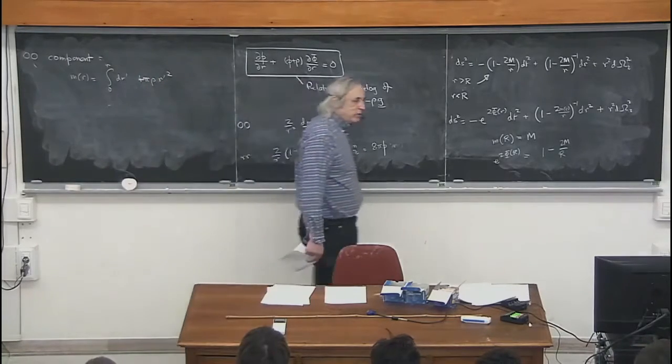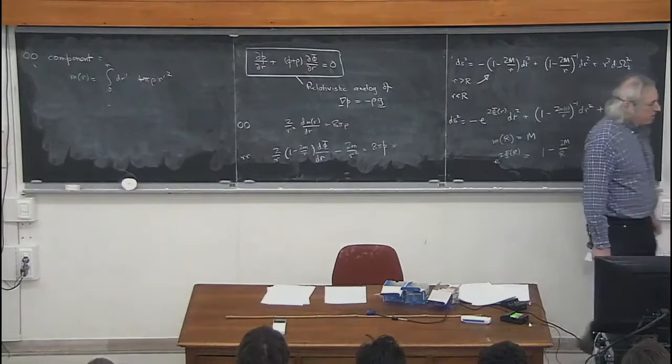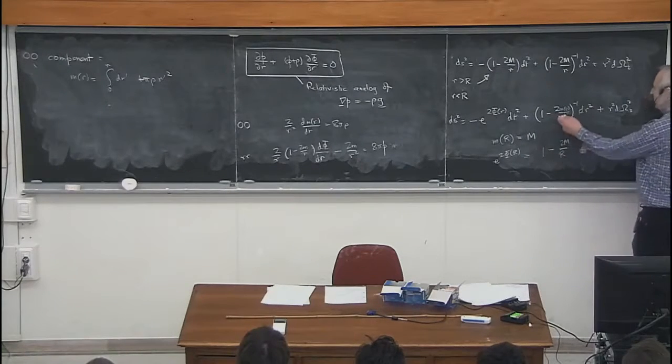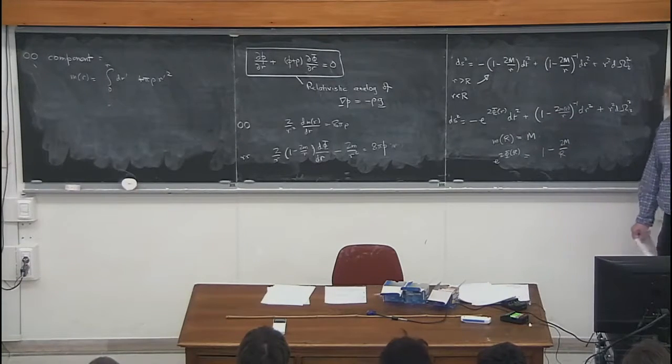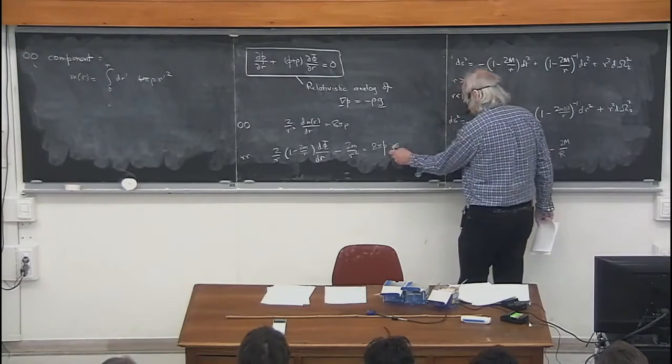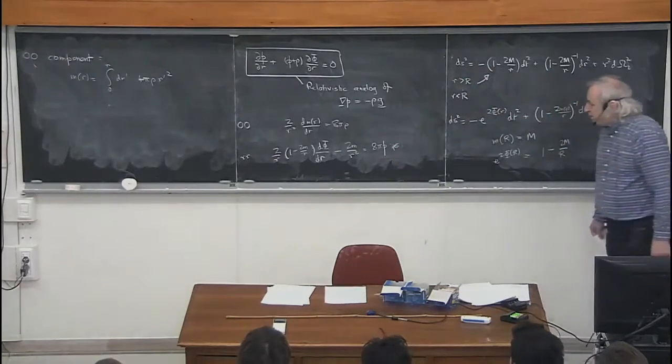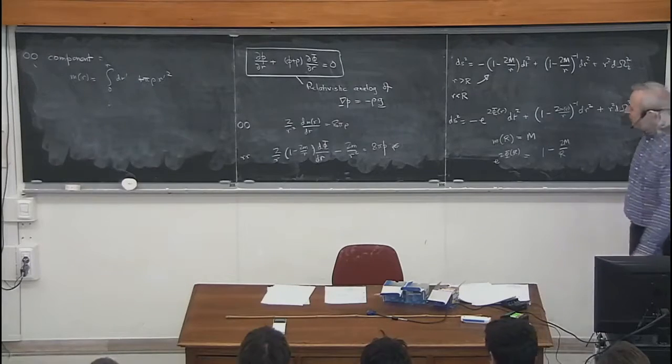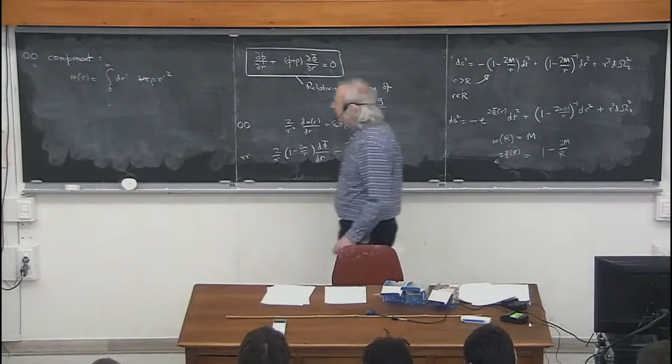So in other words, the mass function is what you thought it was. That's what motivated this choice of the metric coefficient here. This equation here, well, that's just horrid, but roughly speaking, that's the relativistic analog of Poisson's equation.